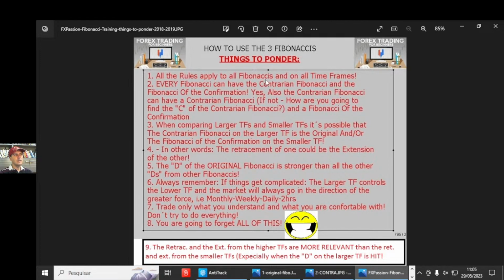All the rules apply to all Fibonacci's and on all time frames. But you don't need to trade everything and anything. Number three, when comparing larger time frames and smaller time frames, it's possible that the Contrarian Fibonacci on the larger time frame is the original and/or the Fibonacci of the confirmation on the smaller time frame. In other words, the retracement of one could be the extension of the other.